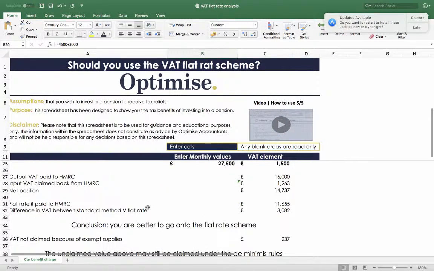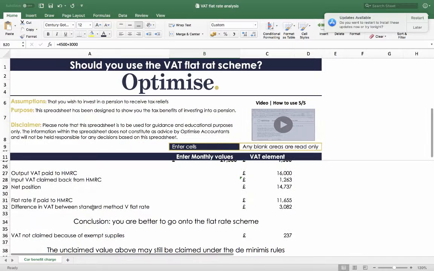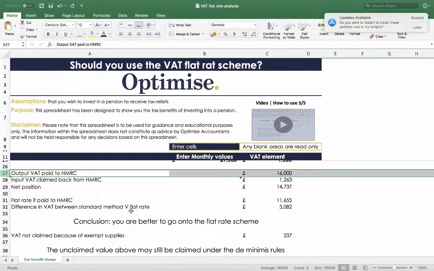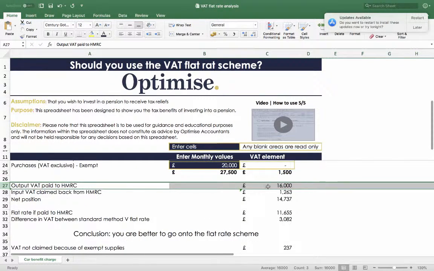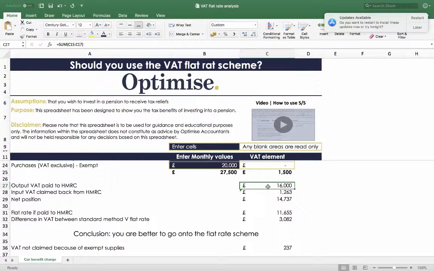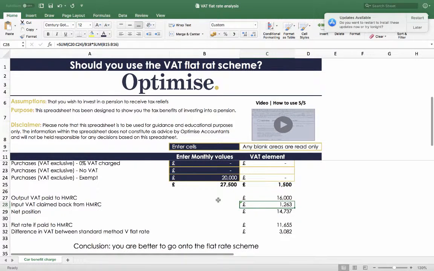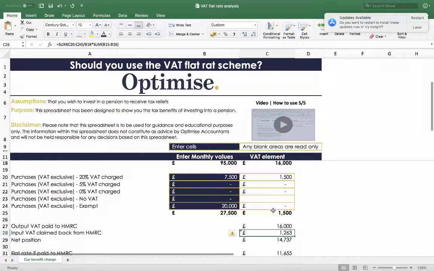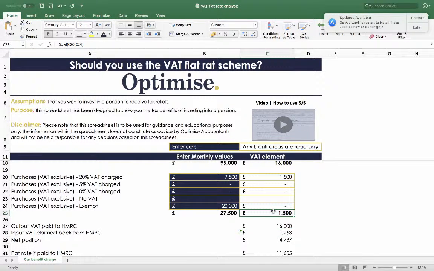And what this spreadsheet will do for you is on line 27, as I'm highlighting here, it will tell you the output VAT that would normally be charged or be paid to HMRC, and then you have got the input VAT that could be claimed on the purchases, bearing in mind that that 1263 is different to the 1500, and that is because you've got partial exempt sales, residential property being one of them.